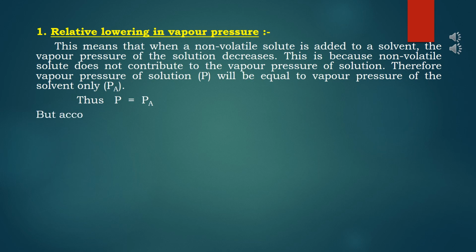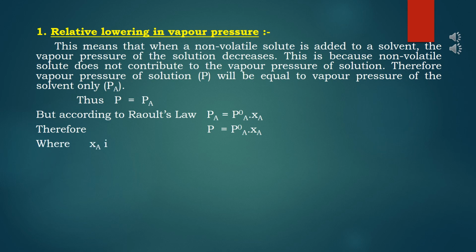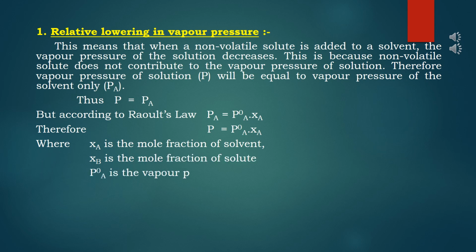But according to Raoult's law, PA is equal to PA naught into XA. Therefore, P is also equal to PA naught into XA, because P is equal to PA, where XA is the mole fraction of solvent, XB is the mole fraction of solute, and PA naught is the vapor pressure of pure solvent.